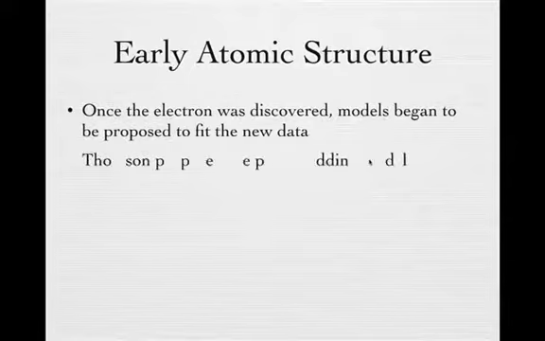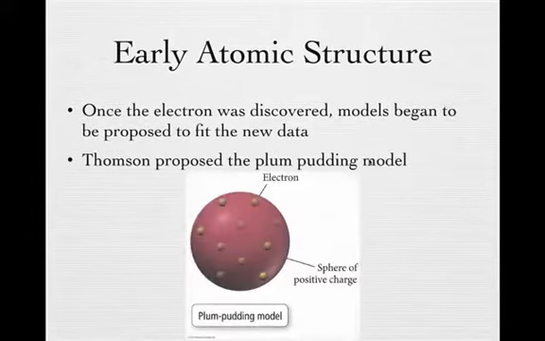And so some new models started to come out, and Thomson, since he was the one who discovered the electron, also proposed the very first atomic structure model outside of just a hard sphere. So he proposed something that's called the plum pudding model. The plum pudding model was just this idea of a sphere of positive charge with a bunch of electrons in it.